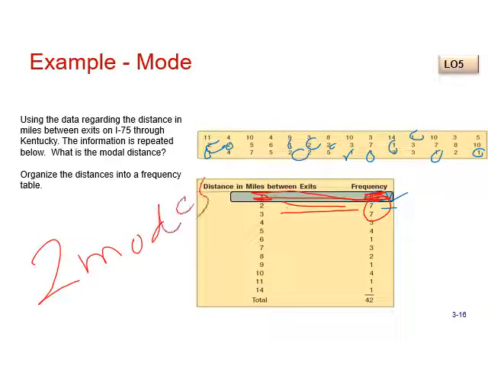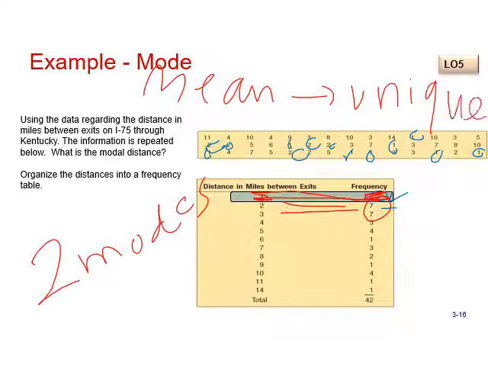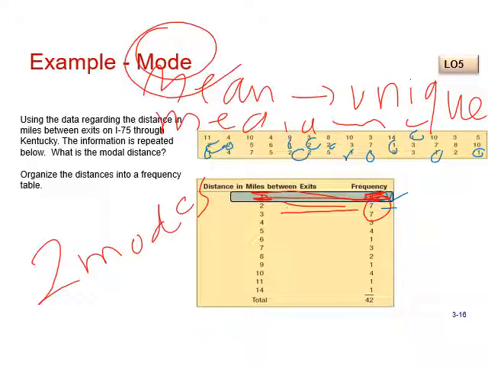This means that the mean is unique and the median is unique. Only one mean, only one median, but we can have more than one mode. We can have 2 modes, or 3 modes. It depends on how frequent the numbers are.